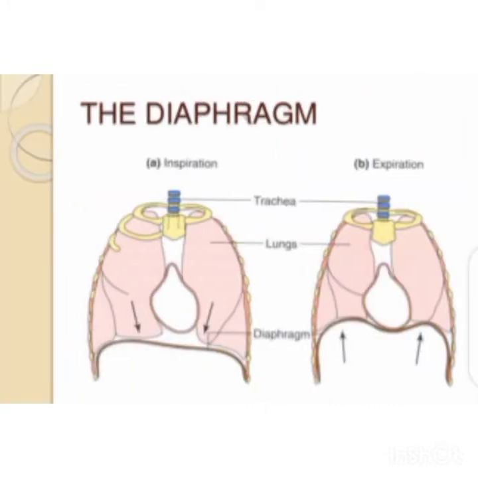Now the diaphragm. This is a presentation of the diaphragm during inspiration and expiration. You can see it here by my right hand side. We have the inspiration and the organs of respiration, which are the lungs. Here you can see the trachea. You see the lungs here.